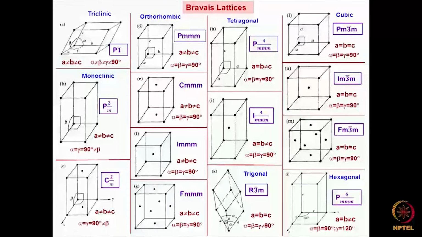In the next slide, all the 14 Bravais lattices are shown. What I have tried to show here, in addition, is the space group symmetry associated with each. I will come back to what these space group symmetries are later, but essentially what the P represents is the type of lattice we have and all the symmetry elements associated with it.